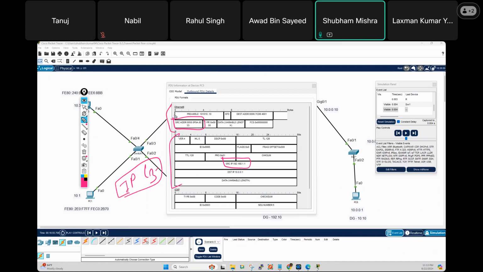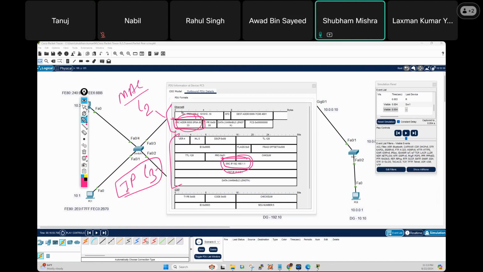And this is called the Ethernet header. The Ethernet header works at layer number 2, right? And at layer number 2, you get the information about the MAC address. Whatever the source IP address is here, for that IP address you get the MAC address.